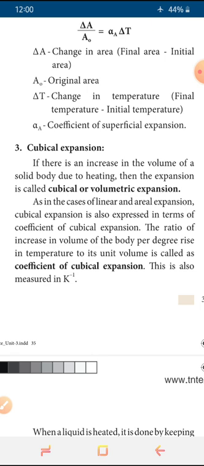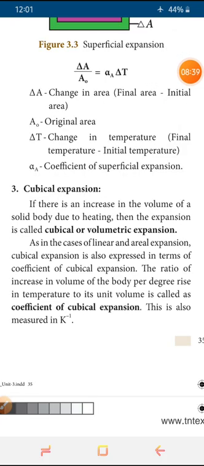It is also explained in terms of the coefficient of cubical expansion, which is defined as the ratio of increase in volume of the body per unit temperature increase to its original volume. This is called the coefficient of cubical expansion. It is measured in the unit K power minus 1.